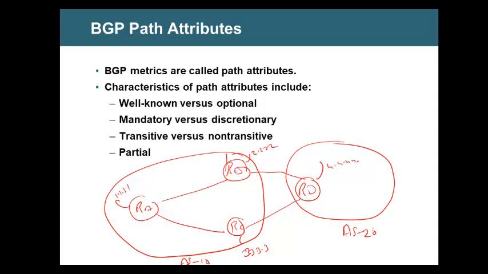On router B, you say neighbor 1.1.1.1 next-hop-self. Neighbor 3.3.3.3 next-hop-self. Likewise, you'll go to router C and say 1.1.1.1 and 2.2.2.2 as neighbors.